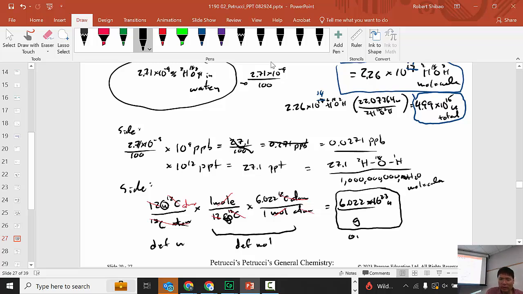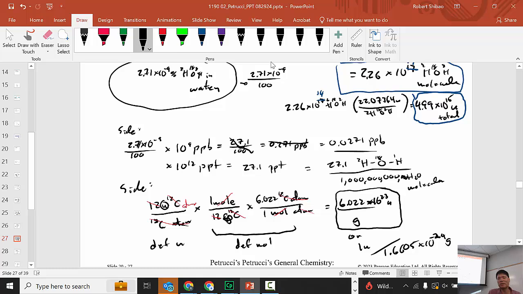Which one is easier to remember? The conversion factor in the book. The conversion factor in the book says that 1 U is equivalent to 1.6605 times 10 to the minus 24 grams. This is only 5 sig figs here, but there are more.